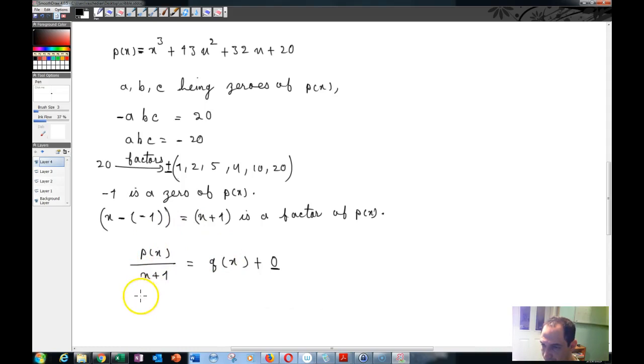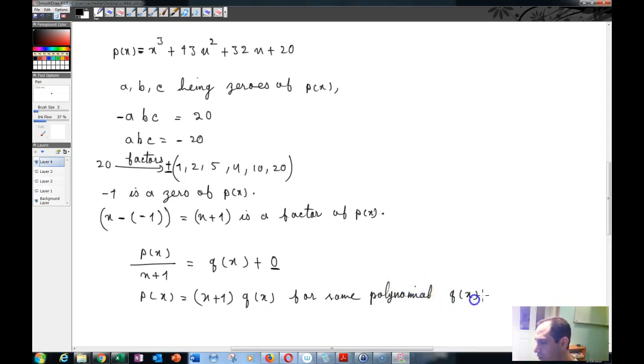Or you can say that P of x is equal to x plus 1 times q of x for some polynomial q of x.